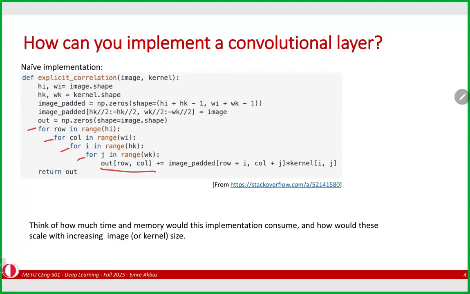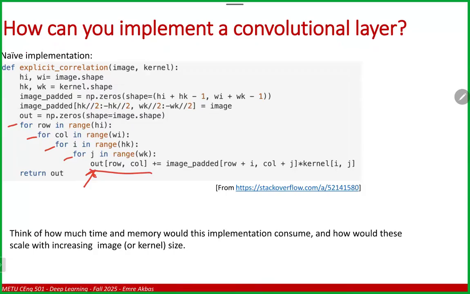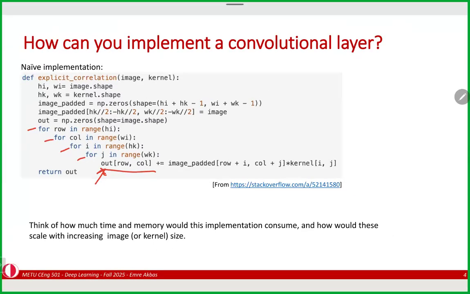So it's very inefficient. But what about in terms of memory? It is efficient in terms of memory because you only have to keep this output matrix in memory, and that's it. It's actually very efficient in terms of that.